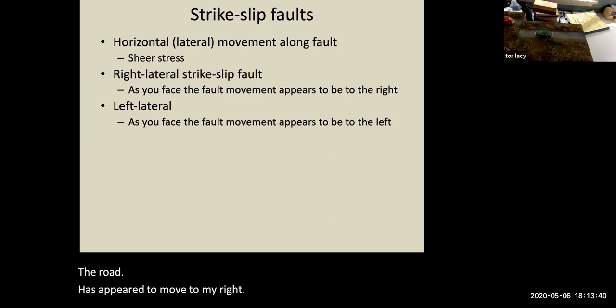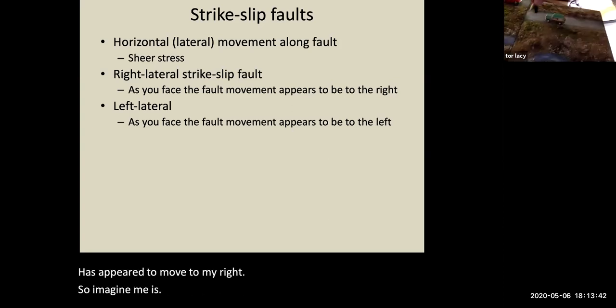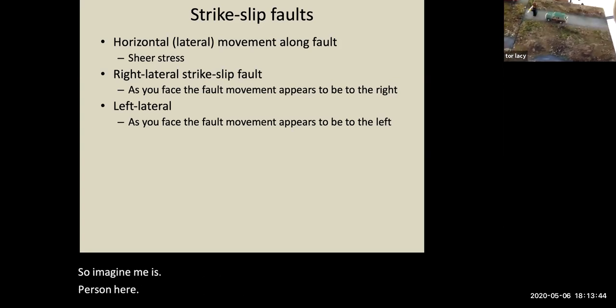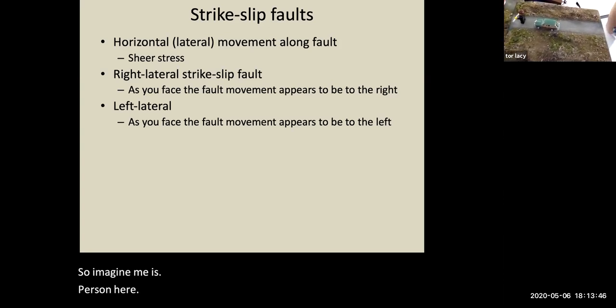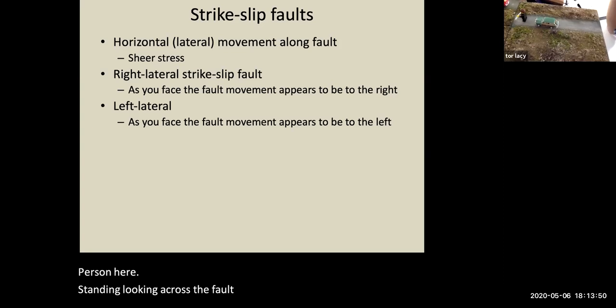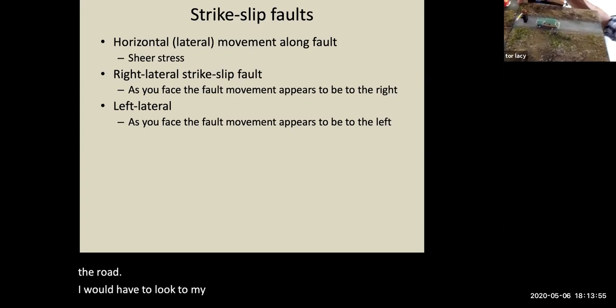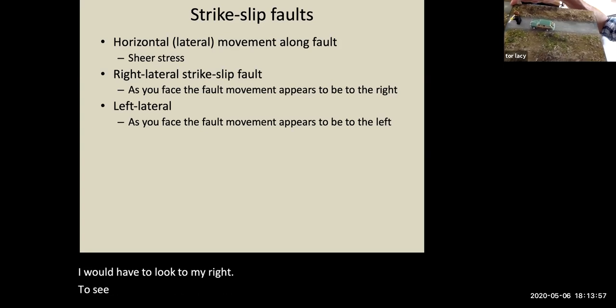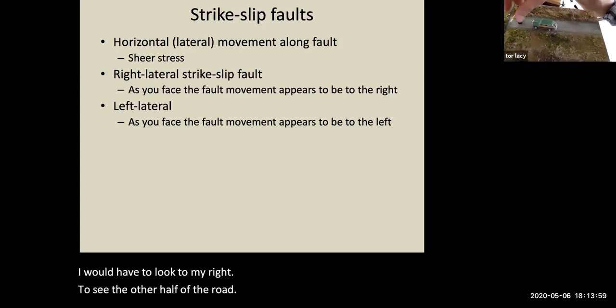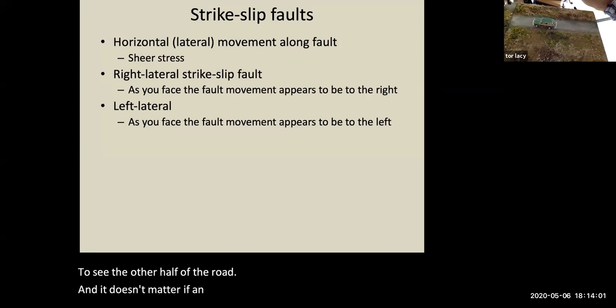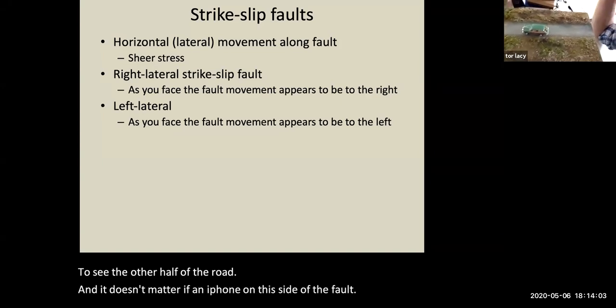So imagine me as a person here, standing looking across the fault, wondering what the heck happened to the road. I would have to look to my right to see the other half of the road. And it doesn't matter if I'm on this side of the fault or on that side of the fault.